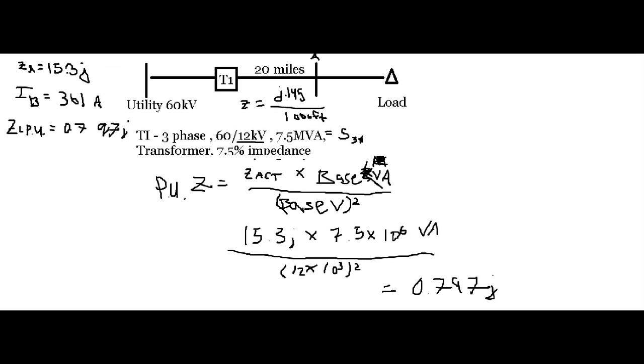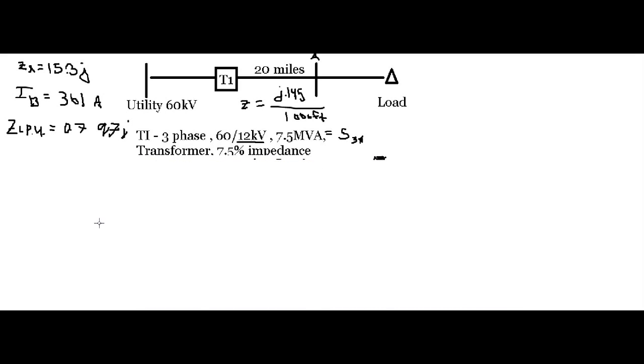Okay, so I'm going to write that up here. ZL per unit is equal to 0.797 j. Sorry, that's so messy. Okay, next, you're already given the per unit impedance for the transformer, so ZT per unit, of course, is 0.075 j, because it says it's an inductive impedance.